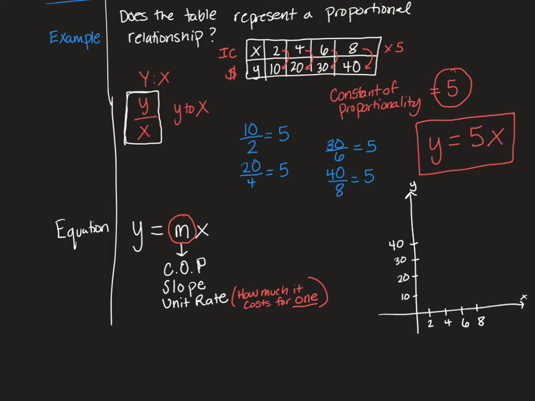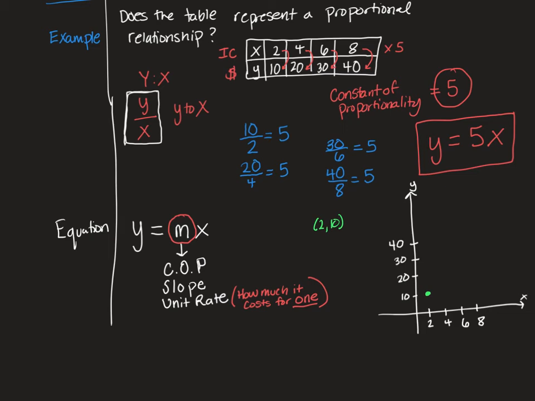Okay, so remember when I graph, this is actually a point, 2, 10. I can also write this as (2, 10), so that I can plot it on my coordinate plane. I'm going to write it in green. So my first point is (2, 10). So I'm going to go to 2, go to 10. There's my first point.